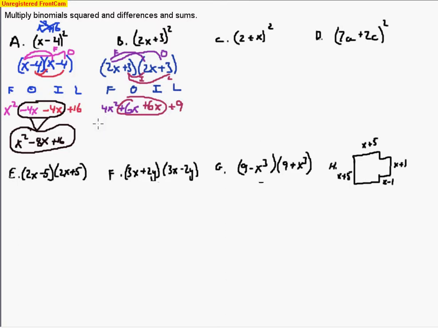So the first and last terms are always going to be positive. They will always be perfect squares. So 4x squared plus, and then these add together, they make 12x plus 9. So again, something to look at is that those outer and inner terms will always be the same with binomials that are being squared, and the first and last will always be perfect squares and positive.